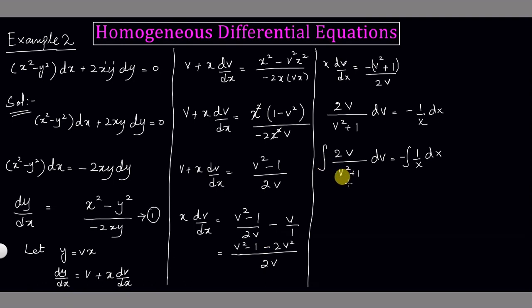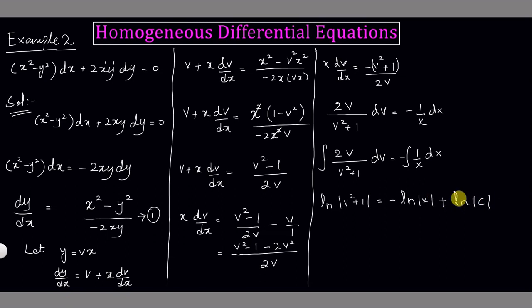So this integral is very simple. The denominator function has its first derivative in the numerator, so you can use the natural log of v square plus 1. Obviously you all know the integration, and before starting this particular subject, differential equation, you must understand the overall concept of integration. And this will become minus natural log of x, and I can use again natural log of c.